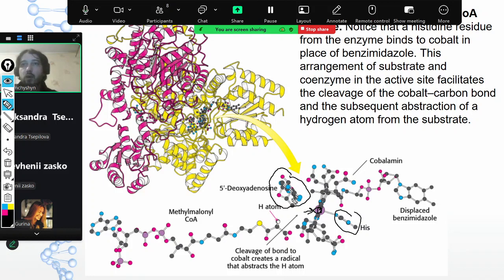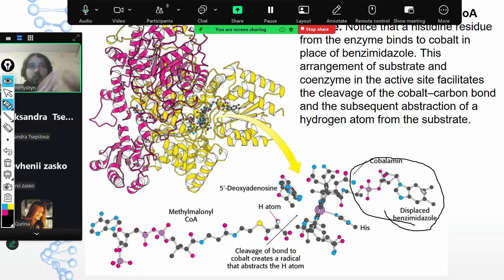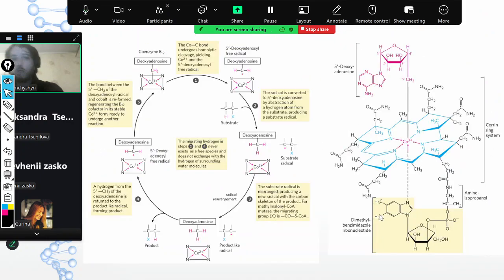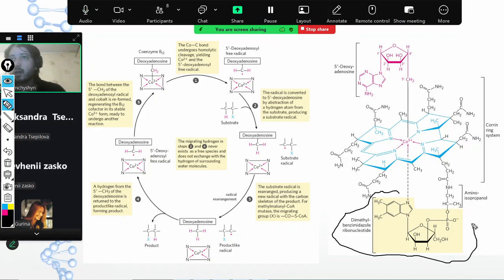So here is this part. And here you see a displaced benzimidazole. So this part was just moved aside, and then cobalt was attached to the histidine, and that helps a little bit to facilitate the reaction. In the scary looking formula, this was the part. So this part in this scary looking formula, so here you see a connection to cobalt.